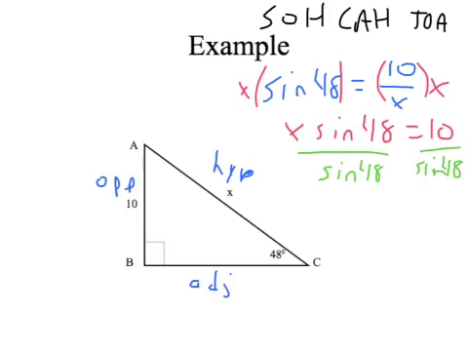Once again, you'd have to use a calculator to figure this out. Sine of 48 would cancel out, so I would just have x. In the calculator, if you do 10 divided by the sine of 48, you would get 13.4, so we will round that down to 13. So the hypotenuse would be a size of 13.